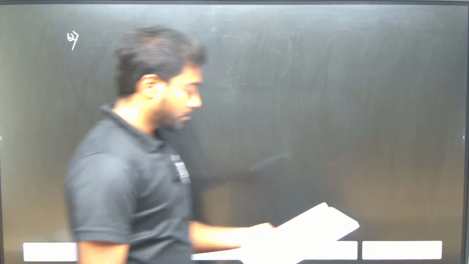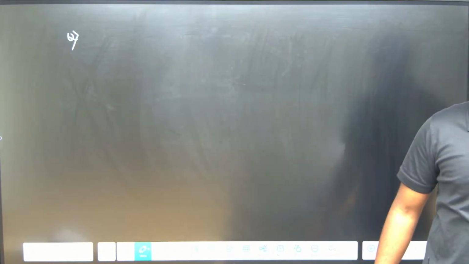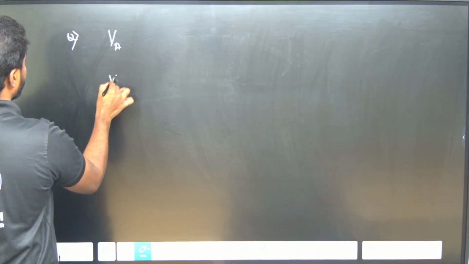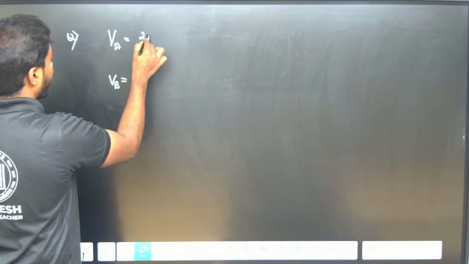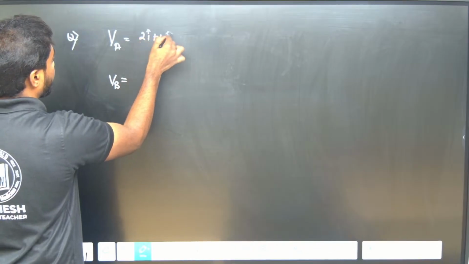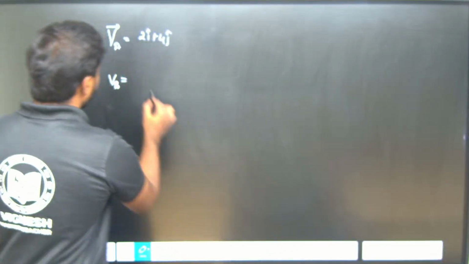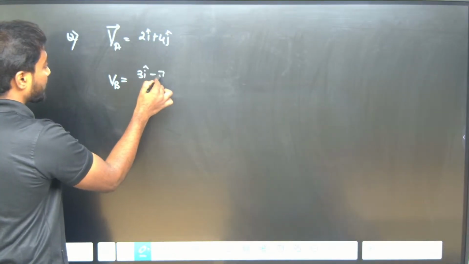So the next question is, the velocities of A and B are given. Velocity of A is 2i cap plus 4j cap, and velocity of B is 3i cap minus 7j cap.